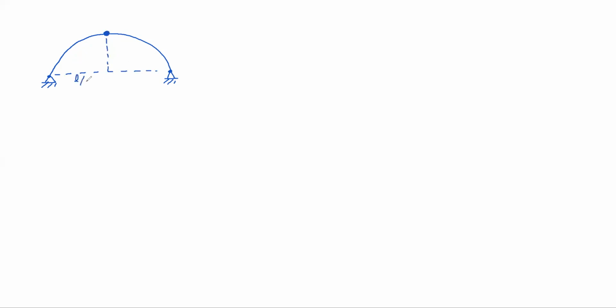This is L by 2, and this is H. Some UDL is acting on the entire structure, W kilonewton per meter. Then what are the reactions here? Of course, total load is WL. So vertical reactions are WL by 2, WL by 2.